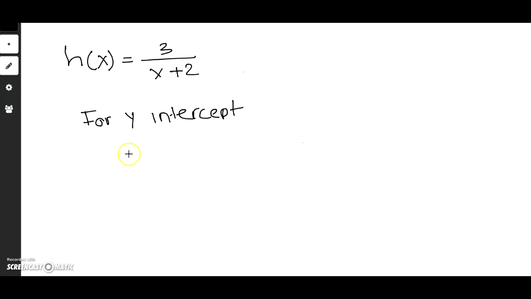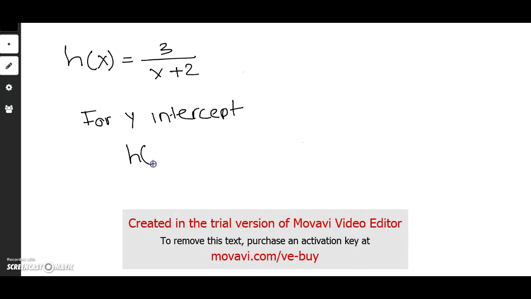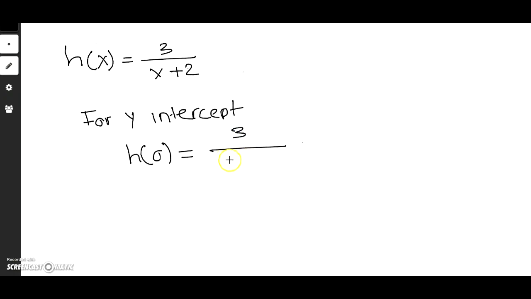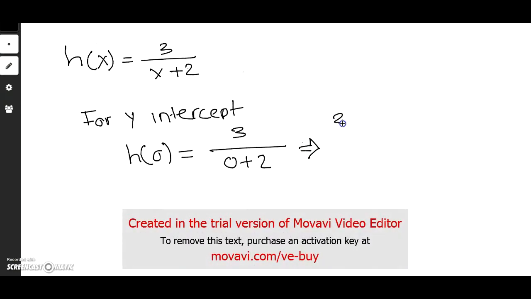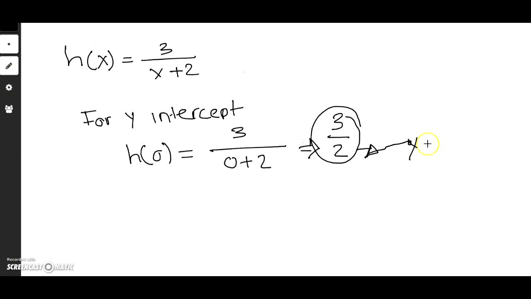So h of 0 is equal to the function over here, that is 3 divided by, substituting 0 for x, 0 plus 2. So we get 3 by 2. So this 3 by 2 is your y-intercept.